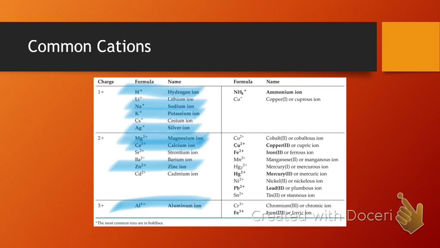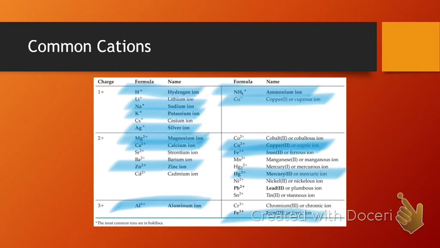There's one that's called a polyatomic cation, which is ammonium. That's NH4+. That's where the nitrogen bonds 4 hydrogen first in a covalent bond formation, and that overall forms a cation that can go on and form an ionic structure. I do want you to know copper 2, copper 1, iron 2, and iron 3, mercury 2, and lead 2.